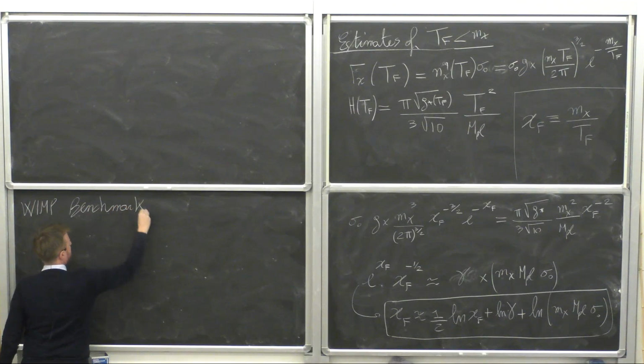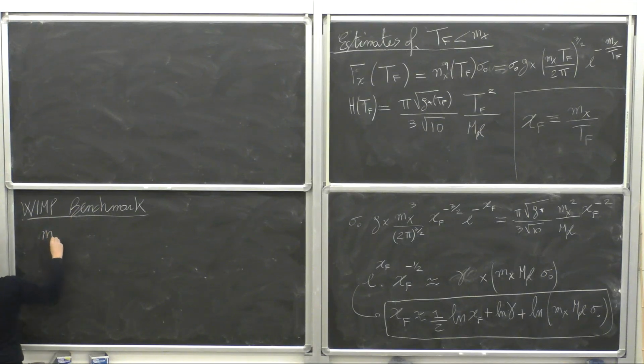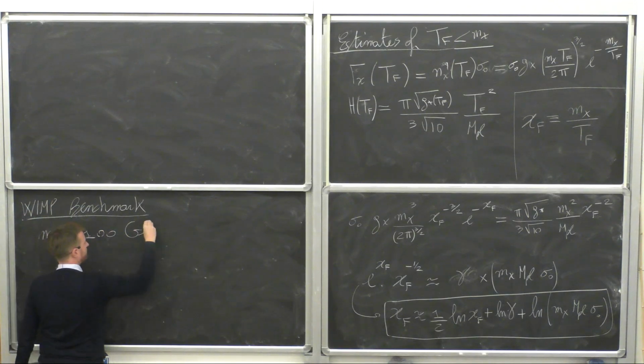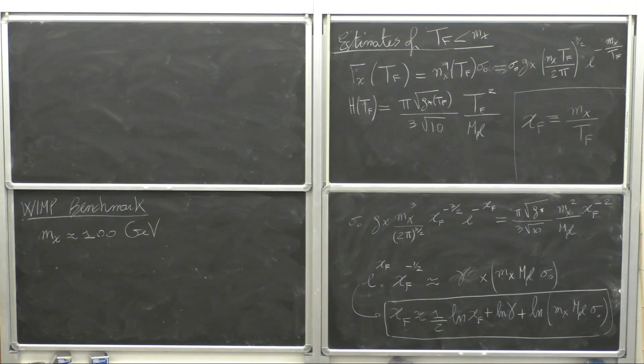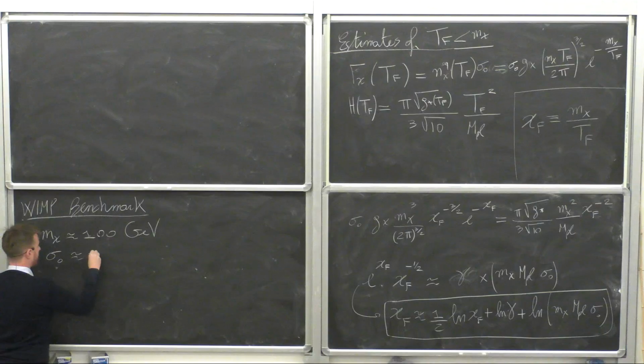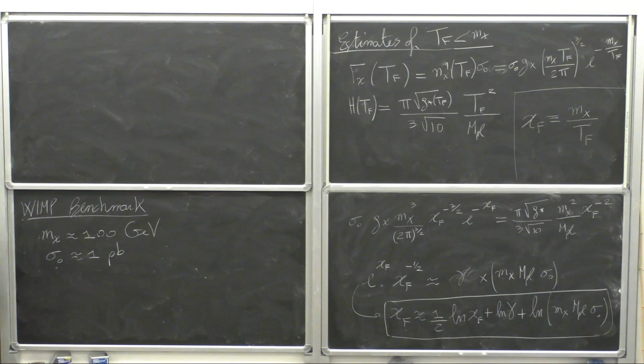The WIMP benchmark that I choose is M_chi of the order of the weak scale, a mass of 100 GeV. And for the annihilation cross-section, I take 1 picobarn, a size set by the weak interactions.